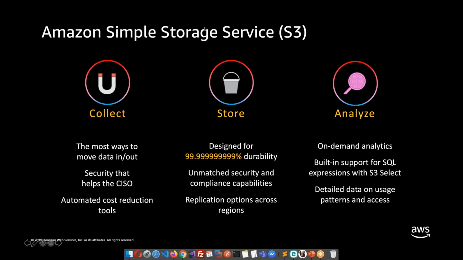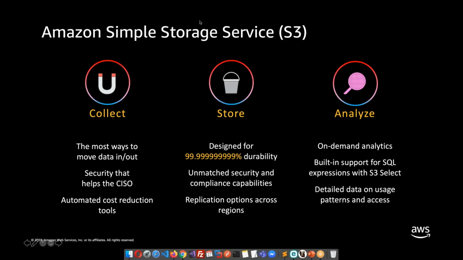If you upload a file to S3, it automatically replicates a minimum of, I think, 3 copies at a time. If you upload a file, it will replicate across availability zones, and you also have an option to replicate it across regions.